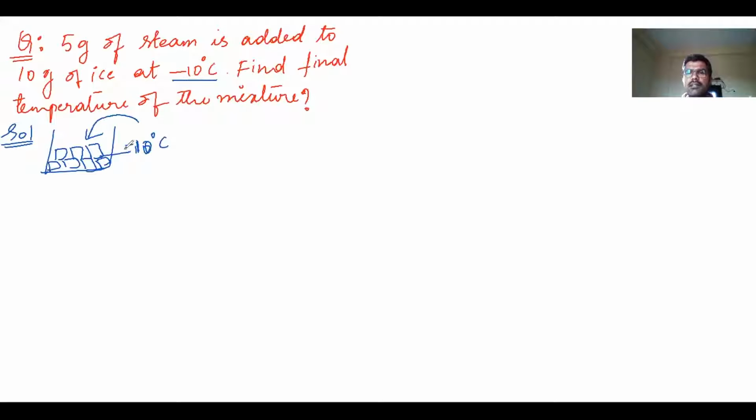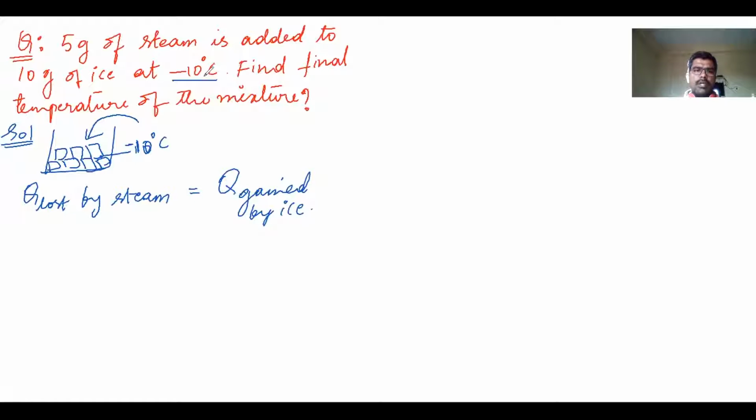As a result, the hot body loses heat energy, the cold body gains heat energy. So when you are mixing a hot body with a cold body, it should be noted that Q lost by steam is equal to Q gained by ice.